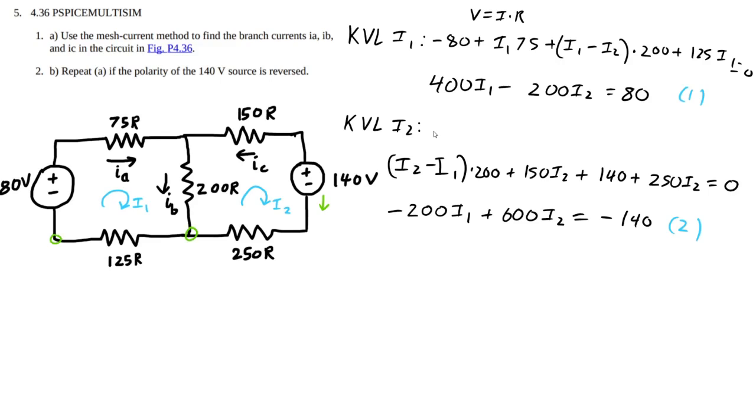So minus 200x plus 600y goes minus 140. You end up with I1 equals 0.1 amps and I2 equals minus 0.2 amps. So the mesh current I2 is actually, in reality, flowing not clockwise but counterclockwise. That's just what the minus means.